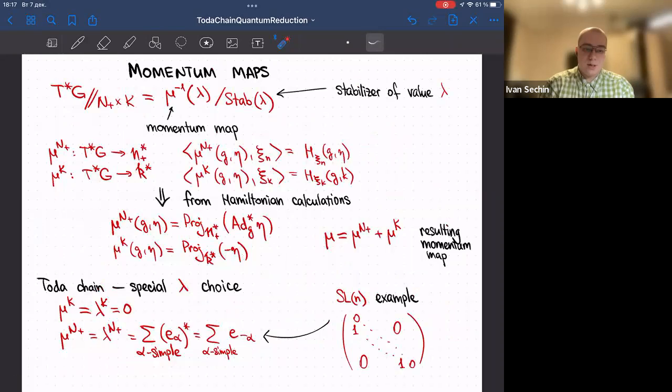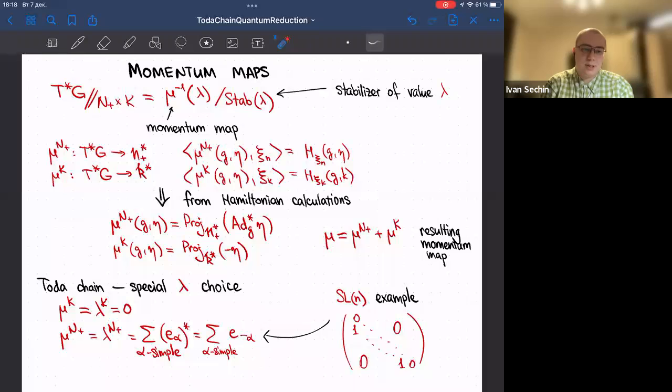Well, for Hamiltonian reduction, we choose a fixed value of the momentum map and factorize by the stabilizer of its value. Let's now describe momentum maps in this scheme.